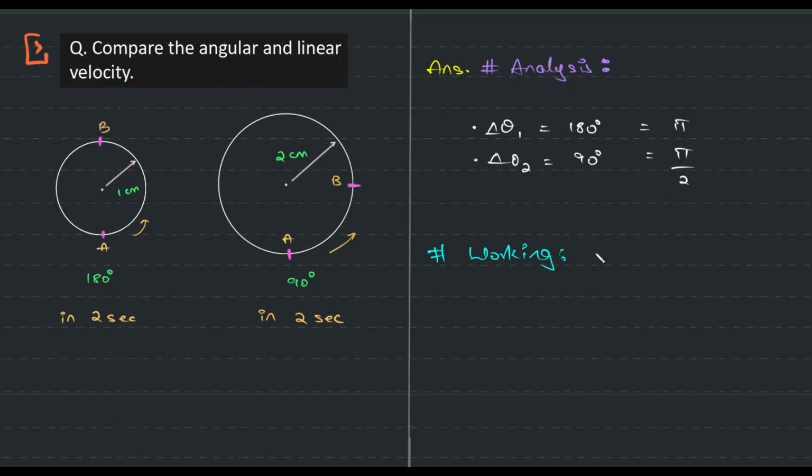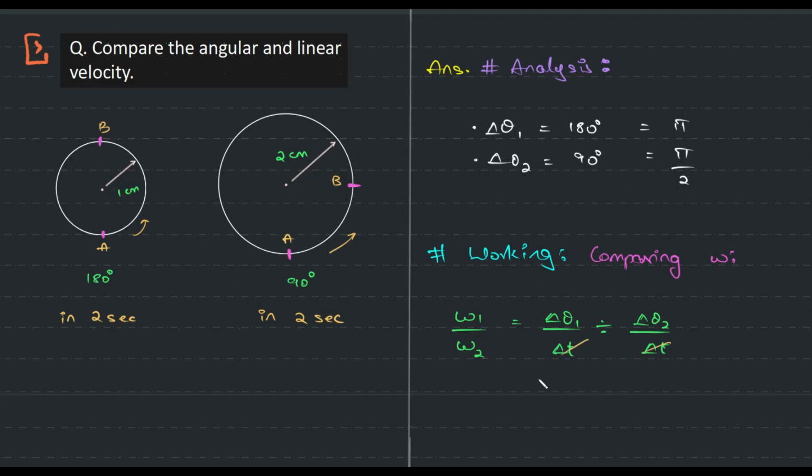You're comparing omega. So omega 1 by omega 2, I'll take up the ratio. So I'm going to use the formula delta theta 1 by delta t divided by delta theta 2 by delta t.